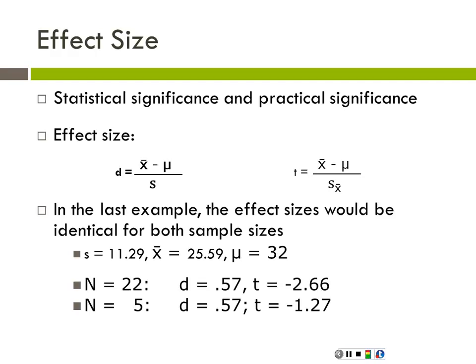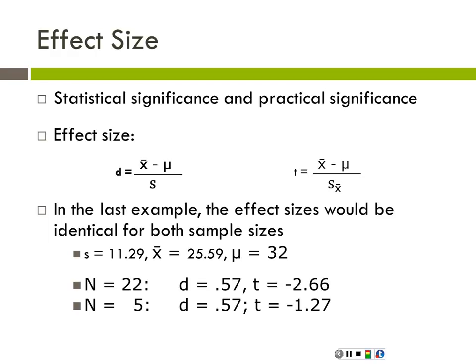Our effect sizes are the same in the 5 and the 22 sample, where our t values were wildly different, one being significant and the other one not being significant. The d values are the same. So you can see the same effect is in both samples, right? We're getting the same effect size.